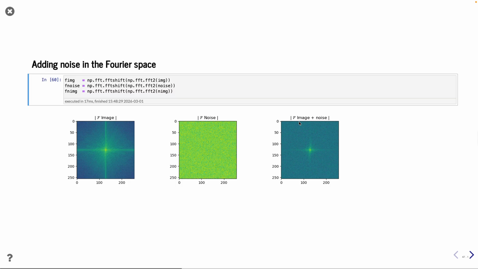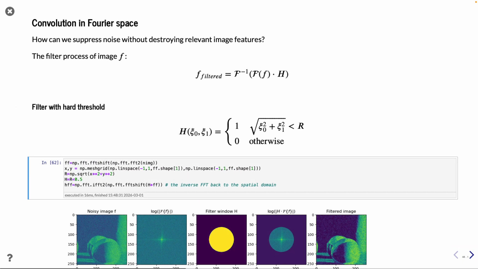Now, how do we produce a filter in the Fourier space? Before, I mentioned that we had low pass and high pass. I talked about frequencies, also that slow variations are low frequencies and fast variations are high frequencies. Now we want to apply a filter to reduce the noise, say a low pass filter.